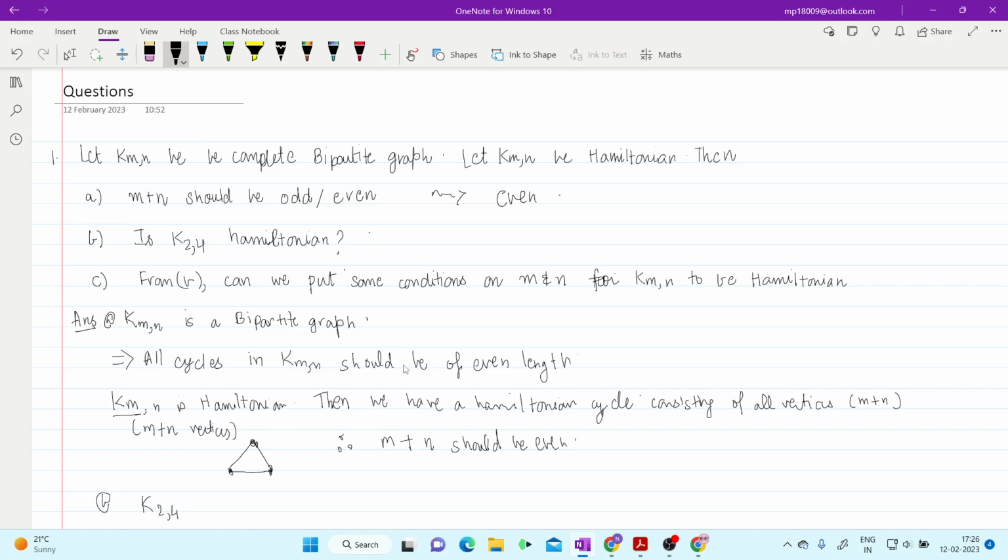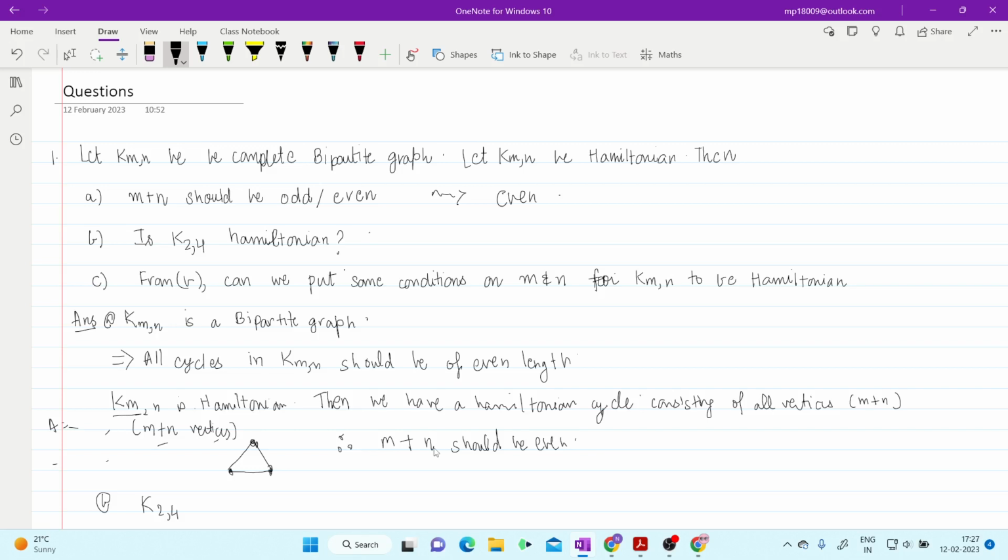Now this Kmn graph has m plus n vertices. Why? By Kmn we mean that set A has m vertices, set B has n vertices, and we are attaching all possible edges going from A to B. So Kmn has m plus n vertices.